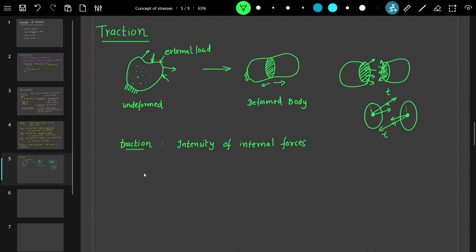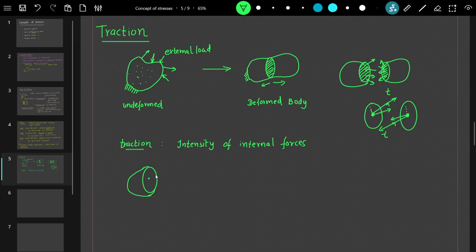Let's try to understand this. We want to find the intensity of these internal forces. Let's take the same cut section, and we want to find the intensity of force at this point.